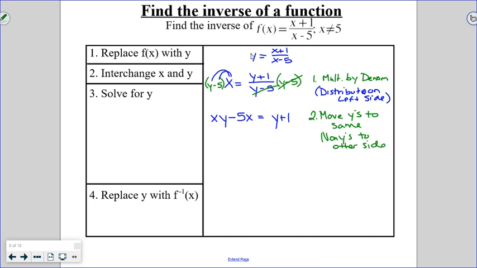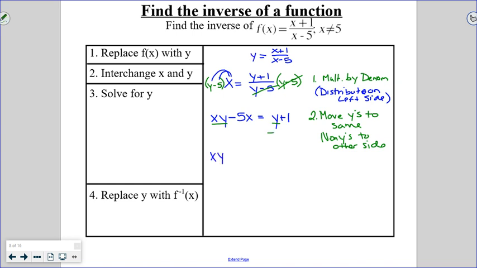Okay, well that's 2 things for us on this one. Things that have y's would be here, and I need to move them to the same side. There is not a right or wrong answer at this point. In this particular problem, I'm going to move the y's to the left-hand side, which means this xy right here is going to stay where it's at.